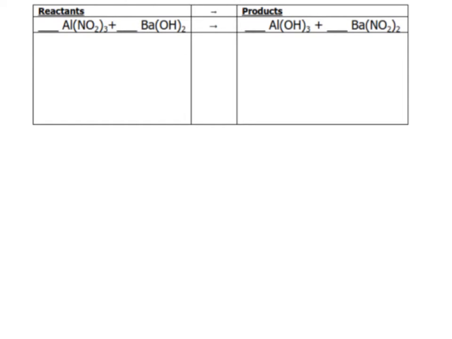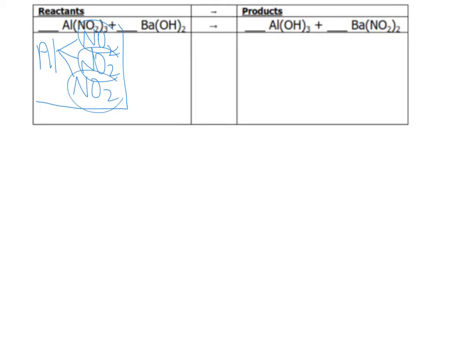In our next example, we are going to write out our substances, and every single formula has branches. So circle our NO2 groups.